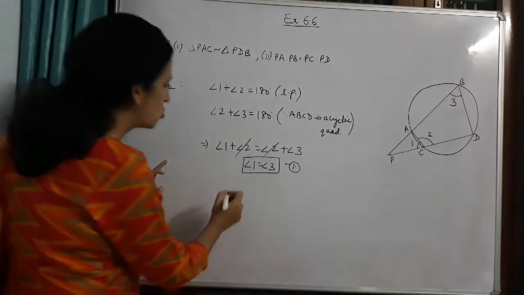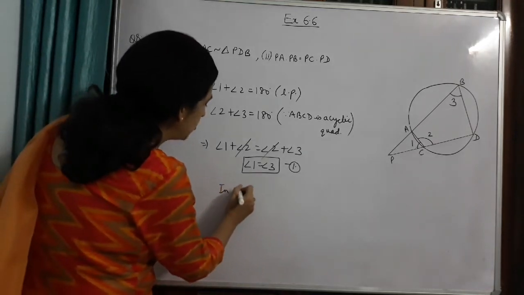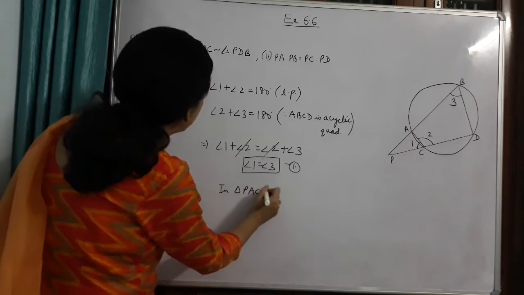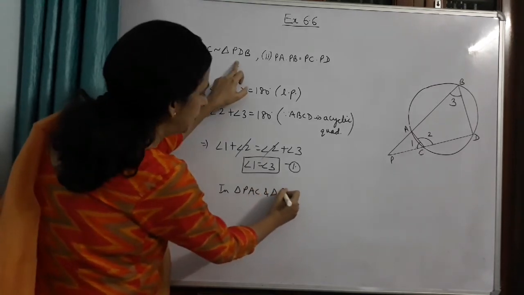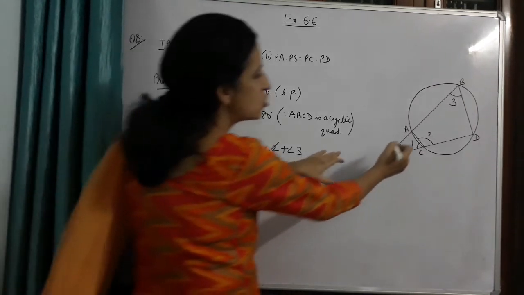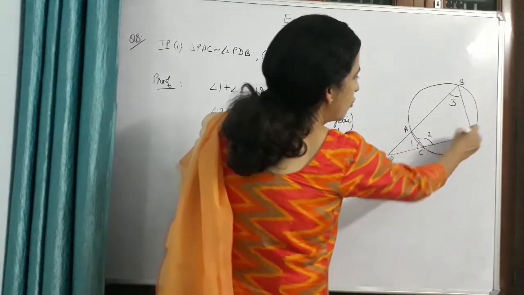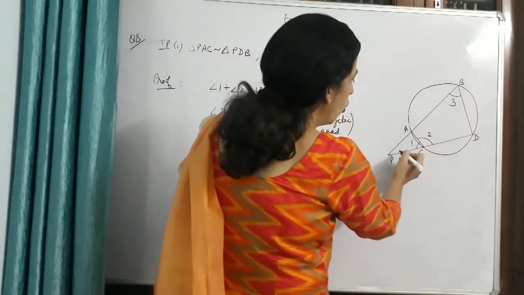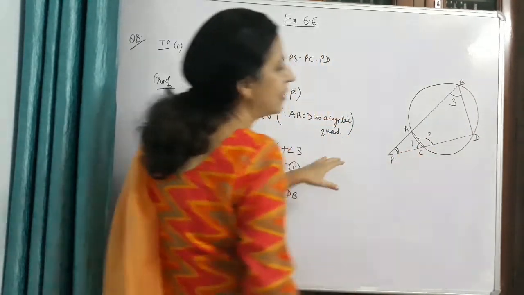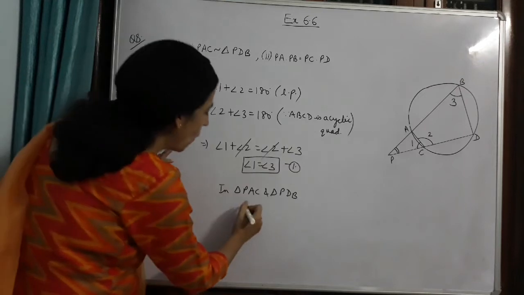Now let us take these two triangles. We have to prove them to be similar. We take triangle PAC and triangle PDB. This is triangle PAC, the small triangle, and this is the big triangle PBD. Over here we see that angle P is the common angle.